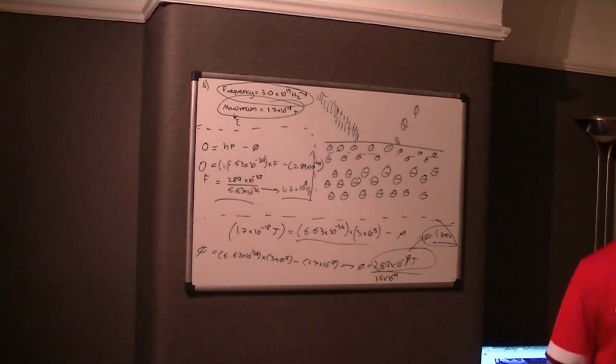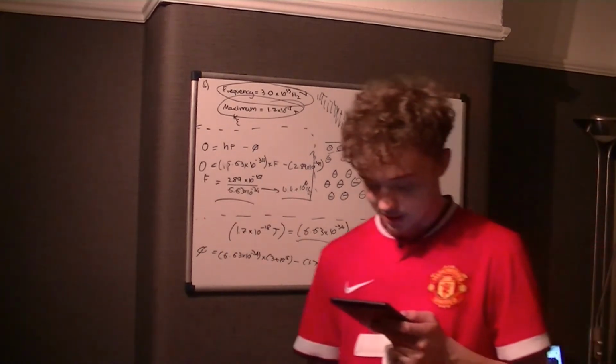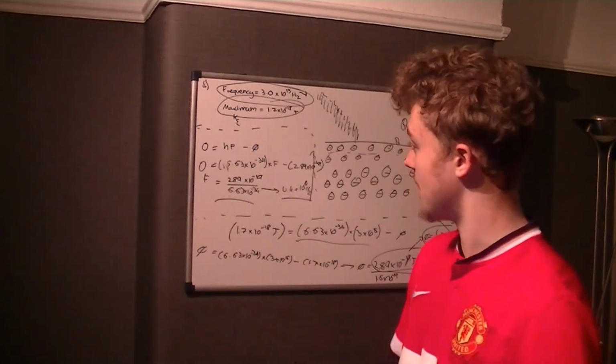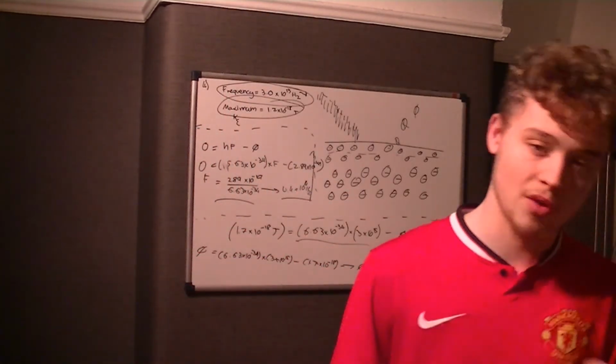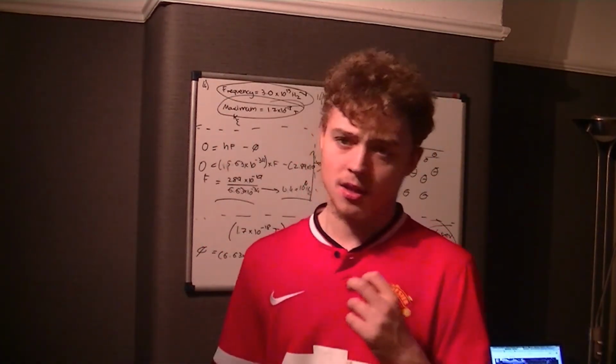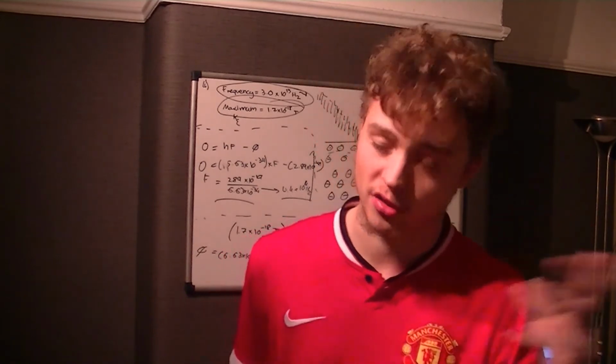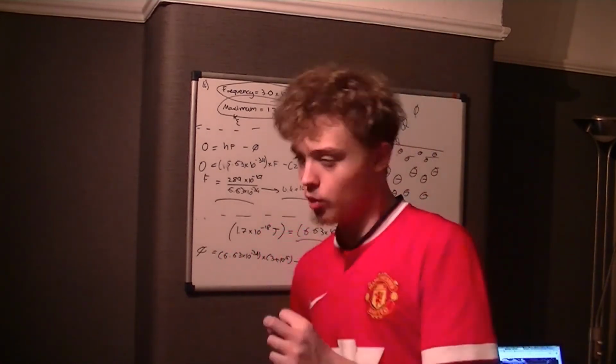4C part 1. State and explain the effect on the emitted electrons of decreasing the frequency while the intensity is constant. So what it's saying is the number of photons arriving per second is exactly the same, but we're decreasing the frequency. Well, E equals hf, with h constant, so the energy of the photons must be decreasing.